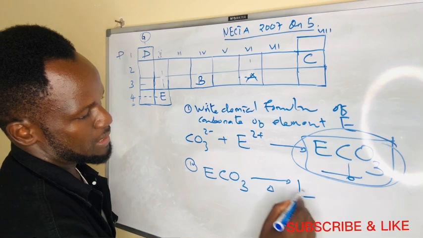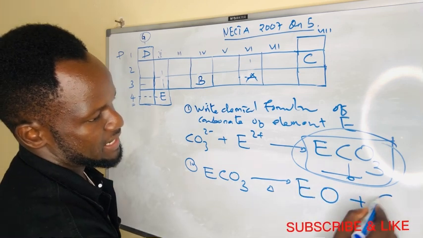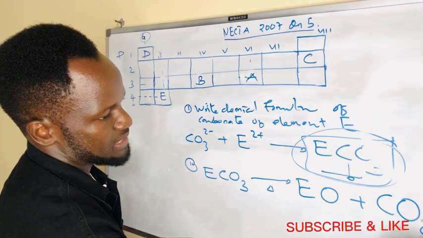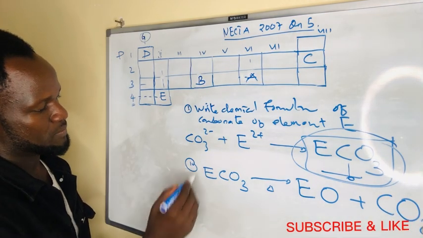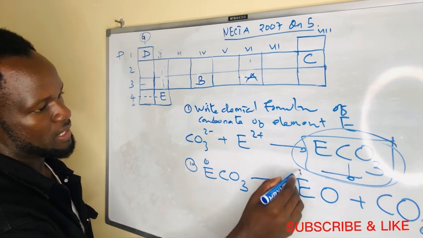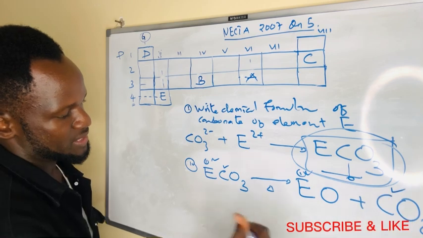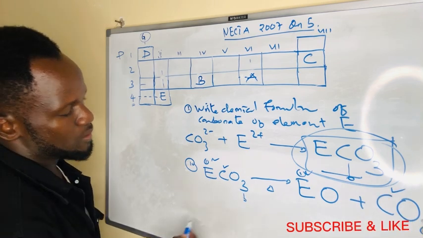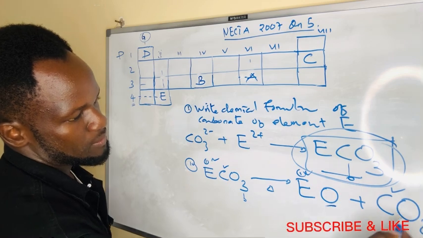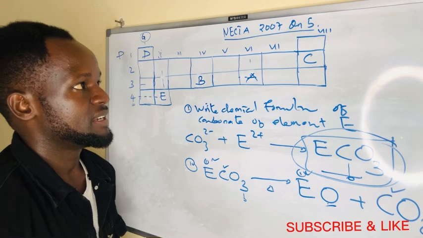You can form EO plus carbon dioxide. Then you balance the number of atoms. Here we have 1 E, it's okay. How many carbon? 1 carbon, it's okay. Then for oxygen, 3 oxygen atoms, 2 plus 1, 3. So now it is balanced.